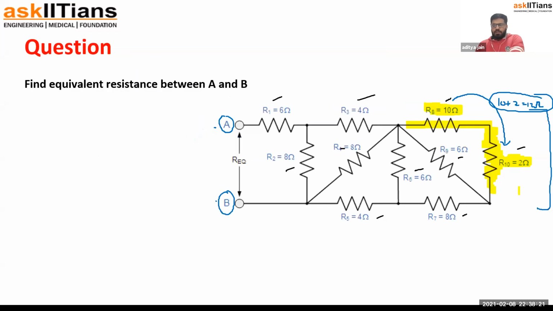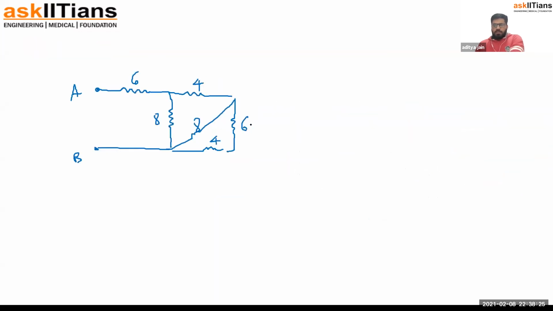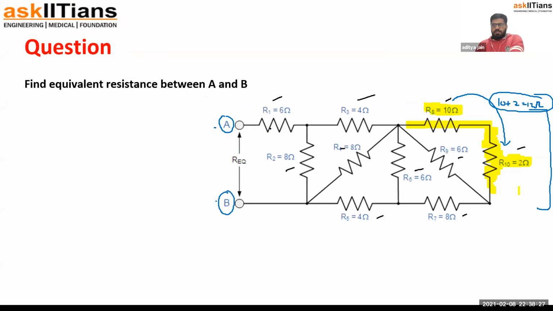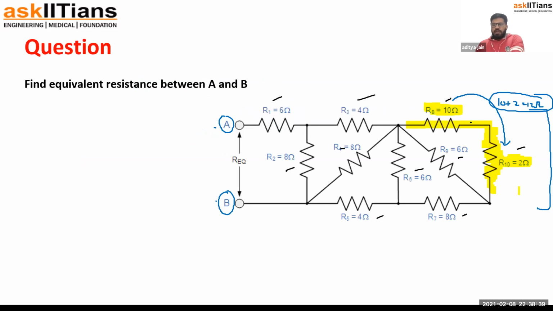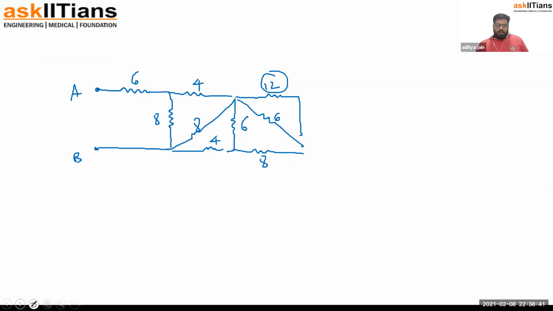This is 6. This was 6, this was 8, and we have to replace the two resistors with a single resistor of 12 ohm. Yes or no? This is the new resistor, 10 plus 2, will give you 12.